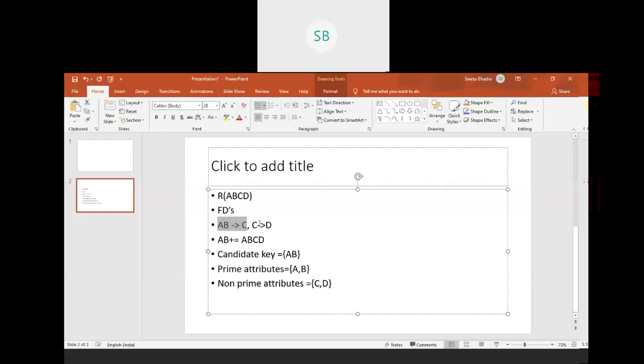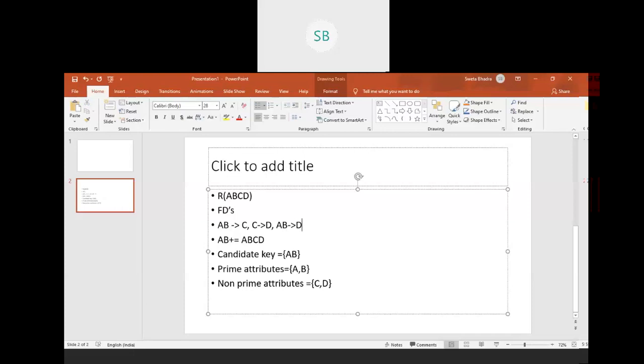But here both are non-prime attributes, so this is the problem: a non-prime attribute cannot determine a non-prime attribute. According to transitivity, if AB determines C and C determines D, then we will have AB determines D.